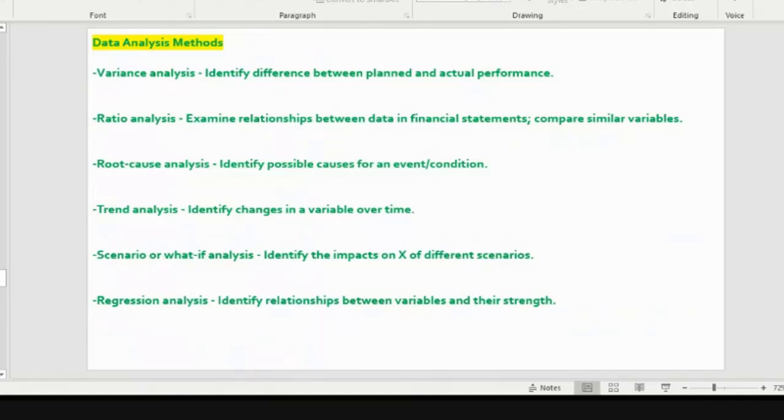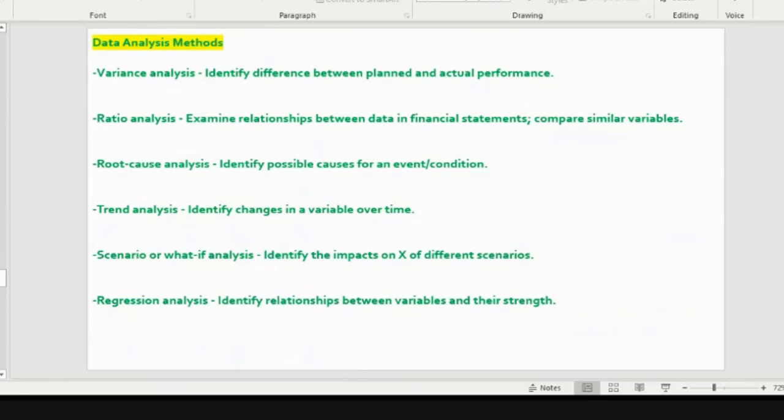Now let's look at data analysis methods. We have the variance analysis, and we're going to explain all of these methods in greater detail as we go. Variance analysis identifies difference between the planned and actual performance. We have the ratio analysis, which examines relationships between data in financial statements.